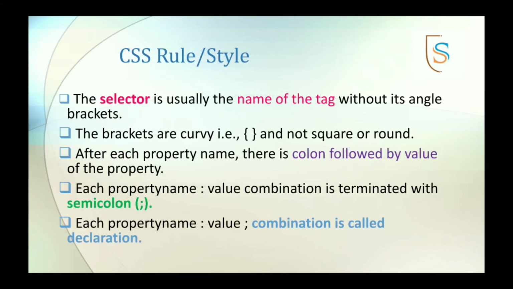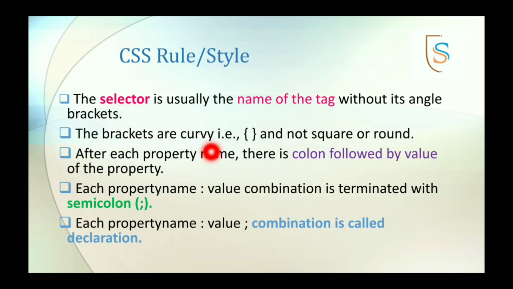Fine. So let's revise the CSS rules once again. The selector is usually the name of the tag without its angle brackets. When we use any tag name without its angle brackets to specify the CSS properties, it is known as the selector.